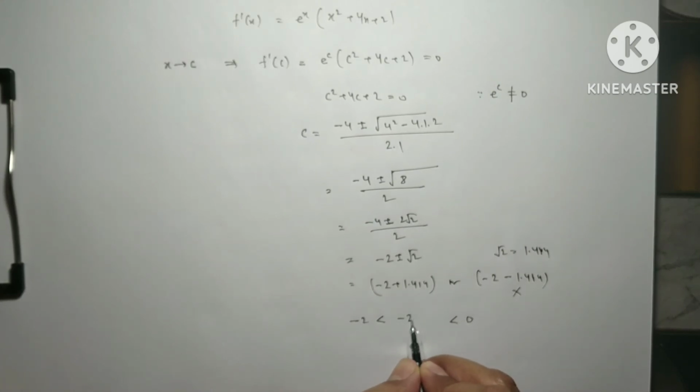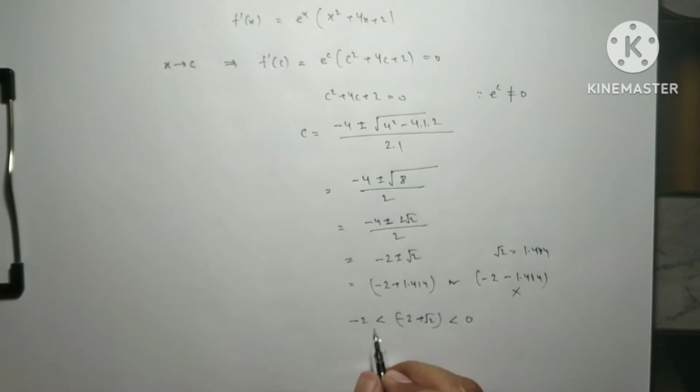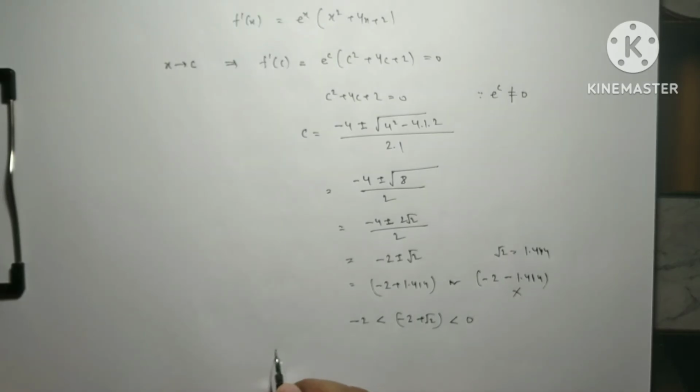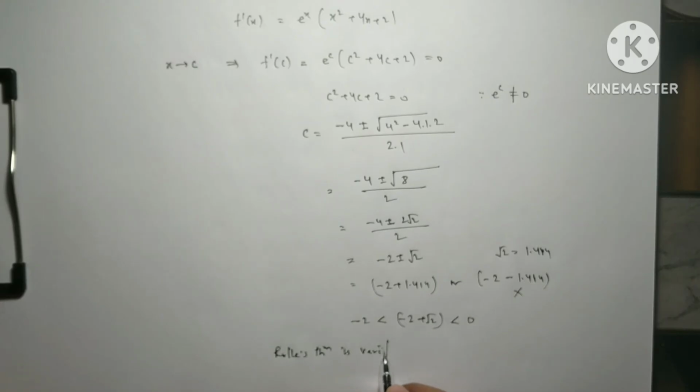On this value, which lies between -2 and 0, the given function is verified for Rolle's theorem. So Rolle's theorem is verified at this value.